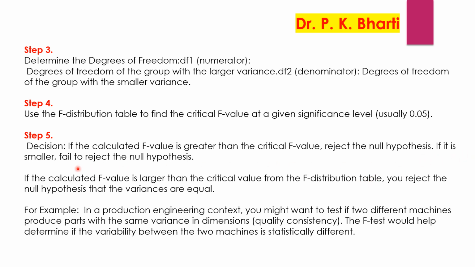If the calculated value is smaller than the critical F value, null hypothesis is accepted, or we fail to reject the null hypothesis. If the calculated F value is larger than the critical value from the F distribution table, we reject the null hypothesis that the variances are equal.